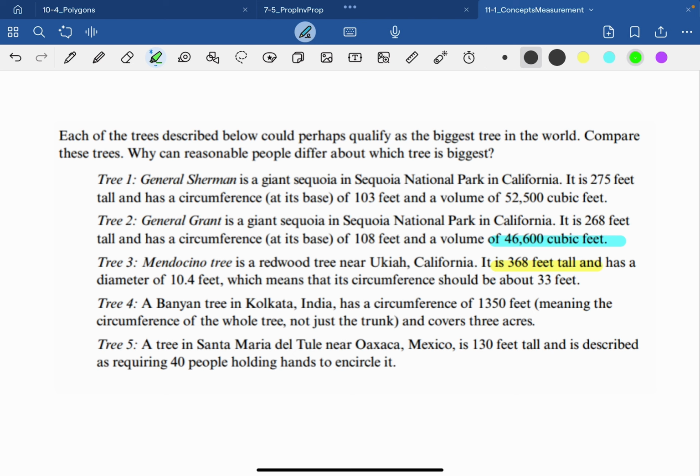If we went with circumference, it's hard to tell here, really, right? The circumference of the banyan tree in Kolkata, India is certainly very large, but it's the circumference of the whole tree, not just the trunk. And then 40 people holding hands to encircle it.